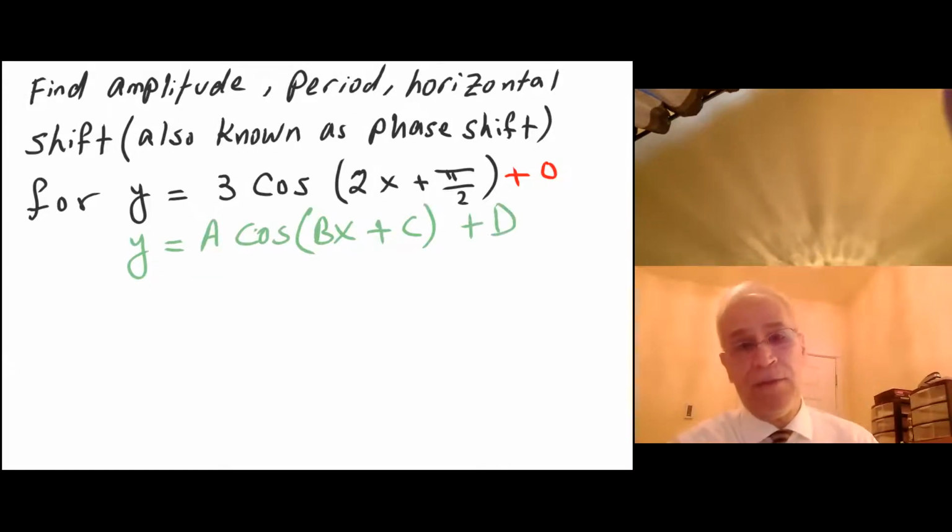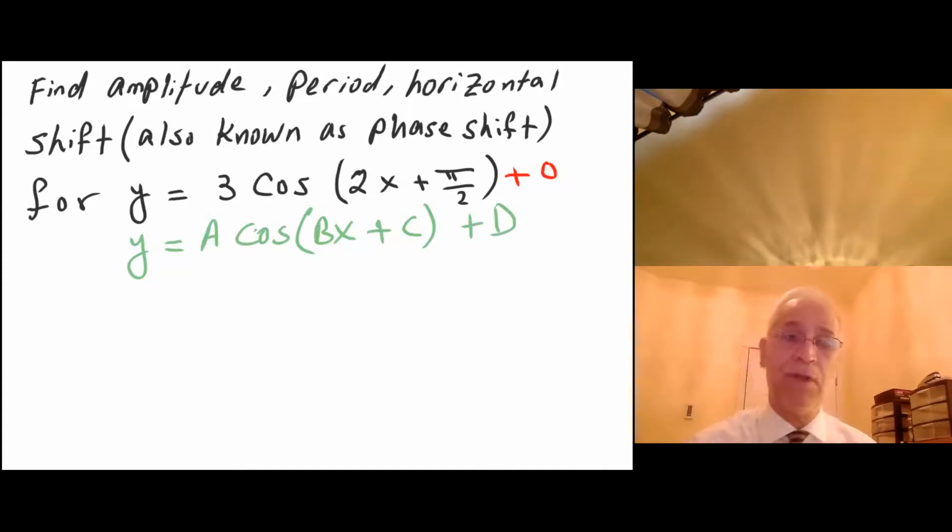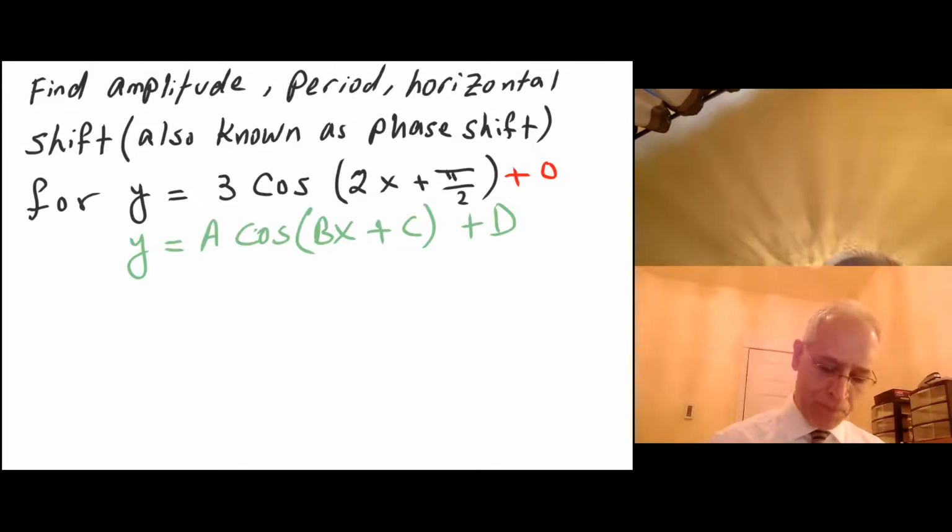Some textbooks use the Greek alphabet, some use omega, some use xi. Don't let that confuse you. So this one has the format of a cosine of bx plus c plus d.